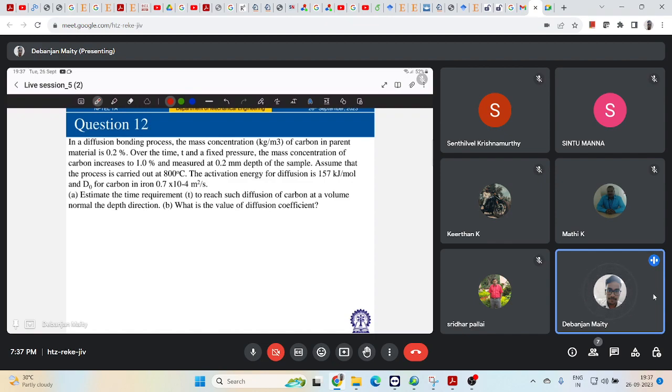We have to estimate the time requirement t to reach such diffusion of carbon in the direction normal to the depth. So we know the equation of time of diffusion, right? This was my equation of time of diffusion.